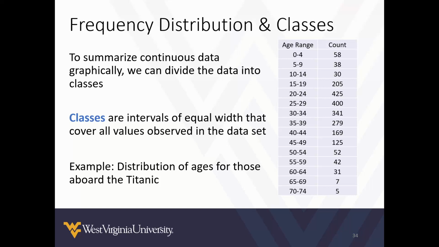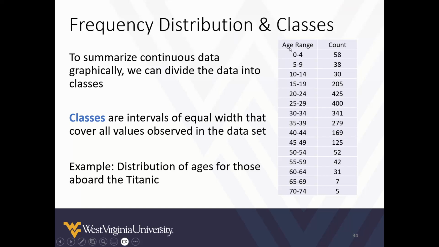Because continuous data, or even numeric data, doesn't have natural classes, or should I say categories, we divide them into classes ourselves. These classes are intervals of equal width that cover all values observed in the data set. So still using Titanic information, we could divide our age ranges.